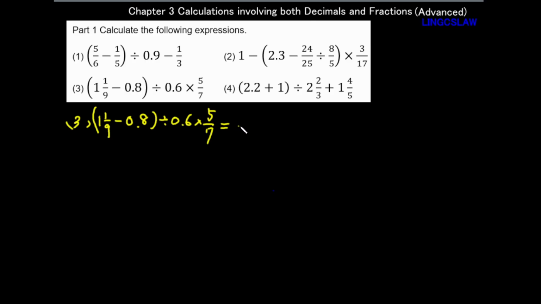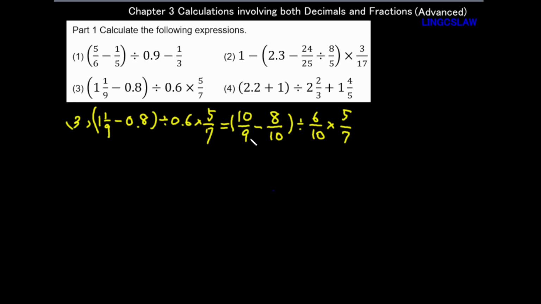So 9 times 1 plus 1 equals 10, minus 0.8 equals 8 over 10, divided by 0.6 is 6 over 10, times 5 over 7.